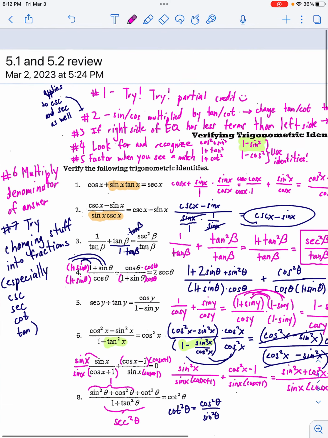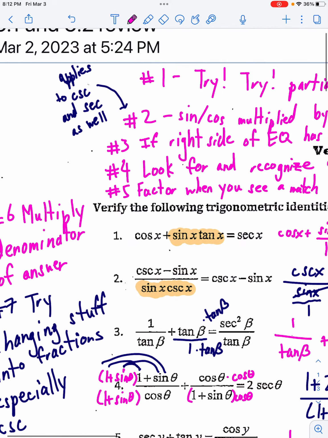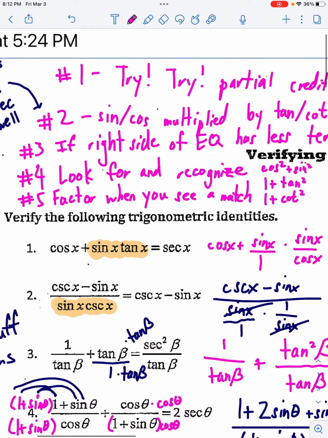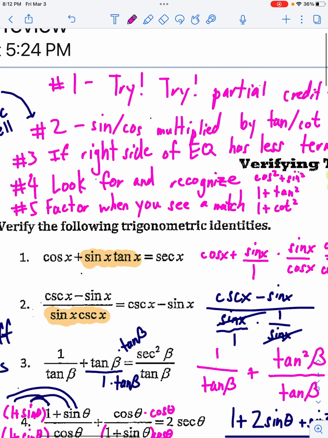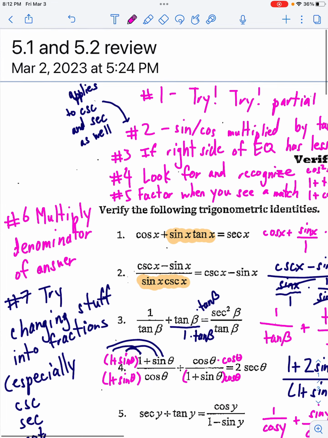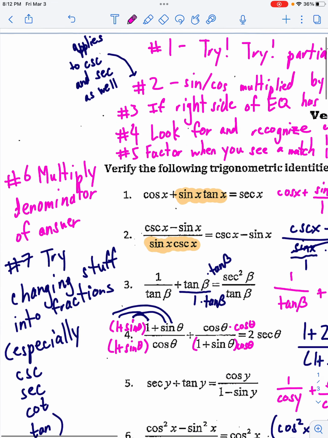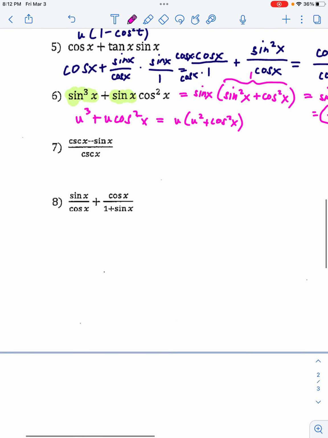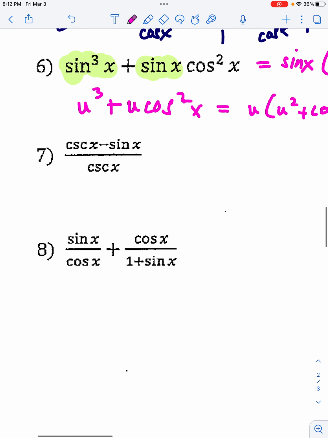Okay, if we don't really have a match, we can't do 5 or 4. Can't do 3 really. We only have 1 term. Number 2, we don't see an instance of number 2, unfortunately. Okay. Try 7, okay? So I'm going to change those cosecants into 1 over sines.